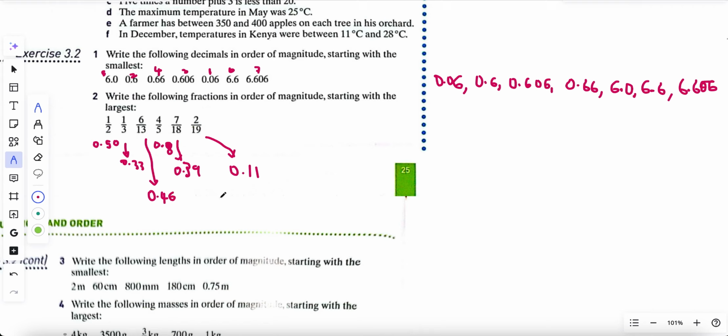Now, they say we should start with the largest. Which one is the largest fraction? The one with the highest decimal, 0.8. 0.8 means 0.80, which is larger than 0.39, 0.11 and 0.46. After the decimal point, you don't say 11, you just say 0.11.